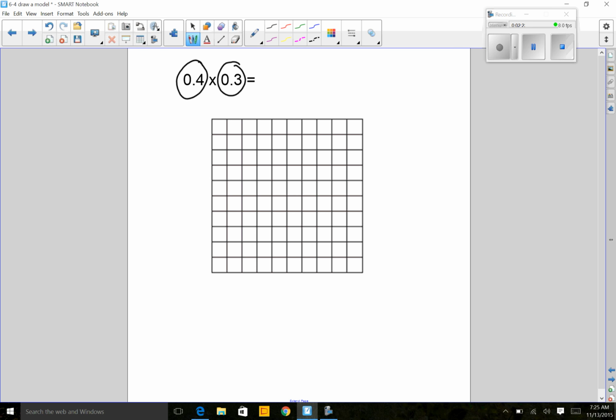I'm going to start by coloring in 4/10. Okay, so I've colored in 4/10 reasonably well. Now, that's in this direction, right? I got 4/10.